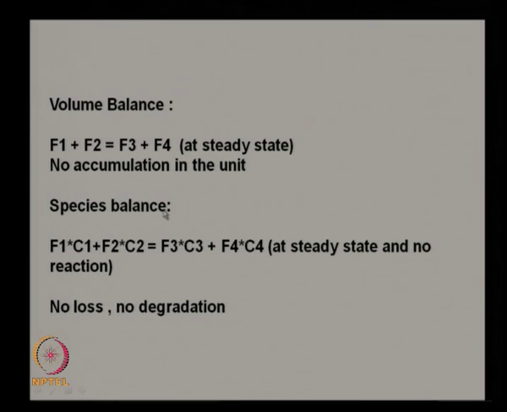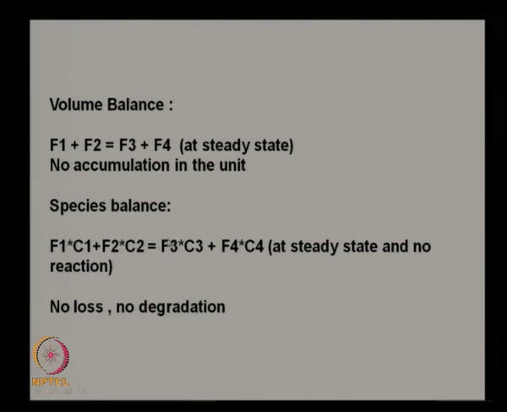So if you are doing a species balance, F1 C1 is the quantity of the species coming in the stream 1 and F2 C2 is the quantity of the species coming in the stream 2. So this should be equal to the quantity of the species going out, that is on the right hand side, that is F3 into C3, the quantity of the species going out through stream 3, and F4 C4 is the quantity of the species going out in stream 4.